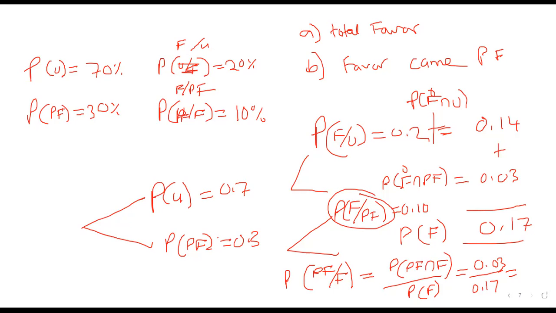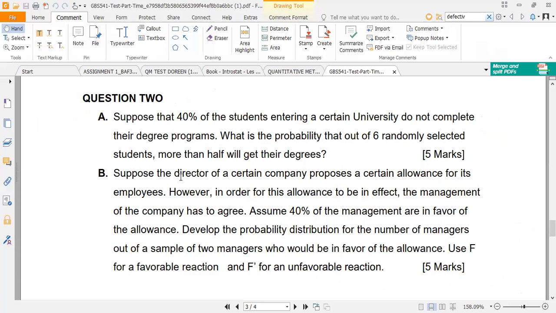Now I want you to think with me, the test that came for the part-time answer. We're given this question here. Suppose the director of a certain company proposes a certain allowance for its employees.